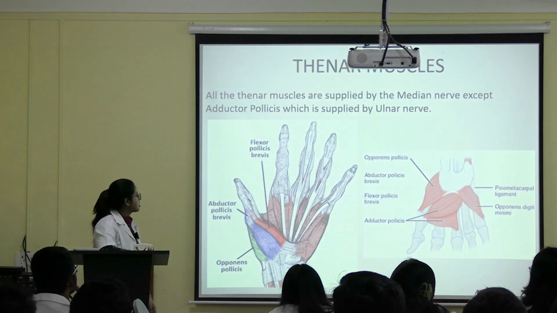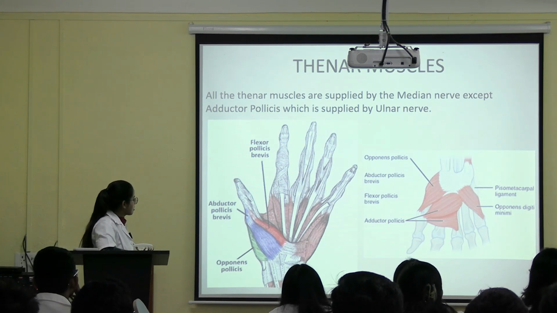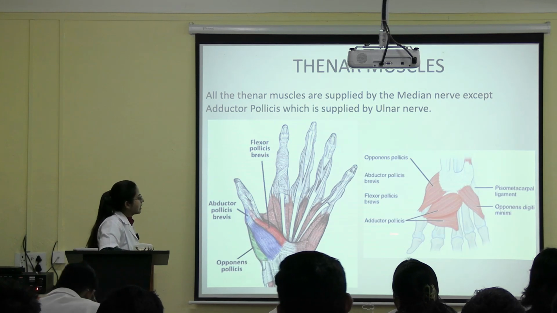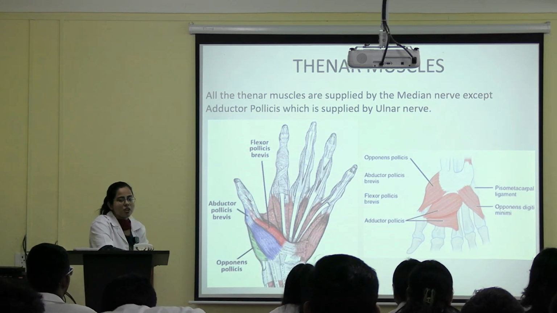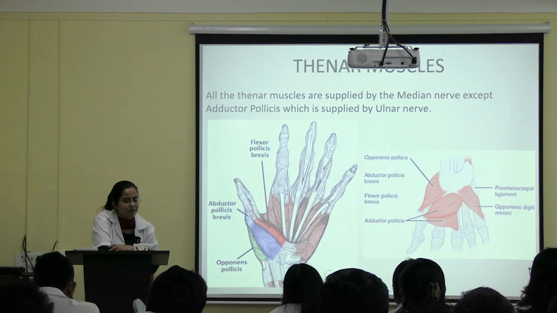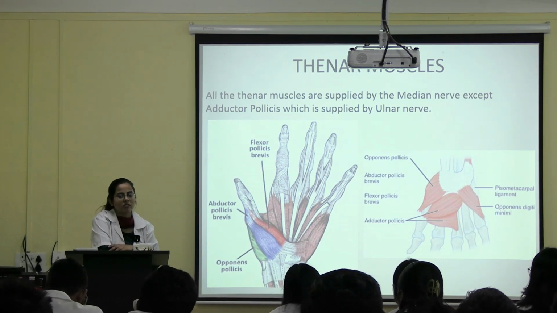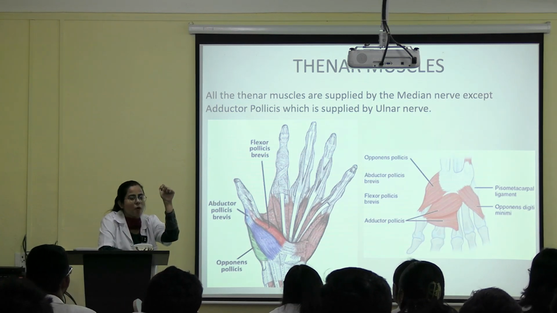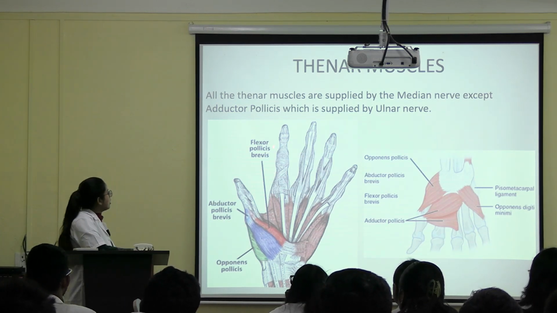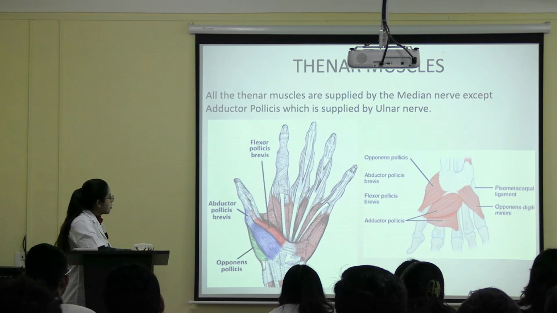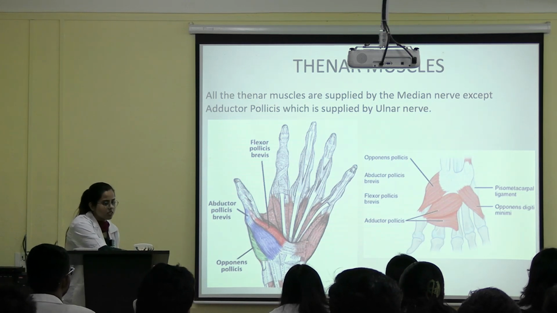Now what are the thenar muscles? Flexor pollicis brevis, abductor pollicis brevis, opponens pollicis and adductor pollicis. So these are the muscles of thenar eminence. The thumb is also known as pollicis, that's why all the names of the muscles have pollicis.